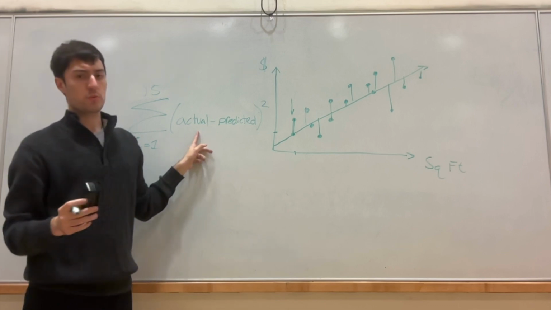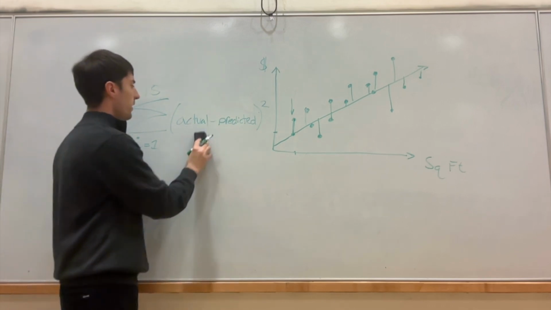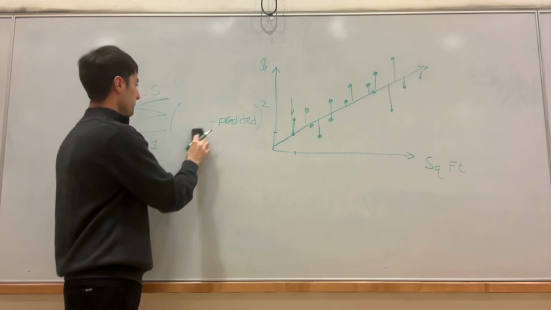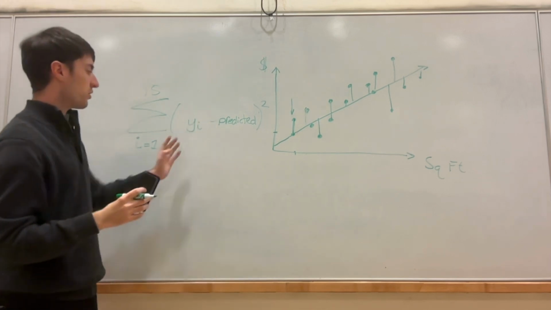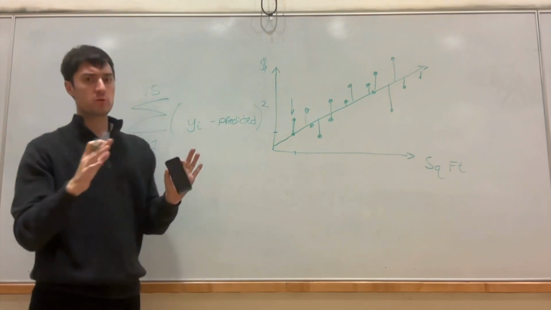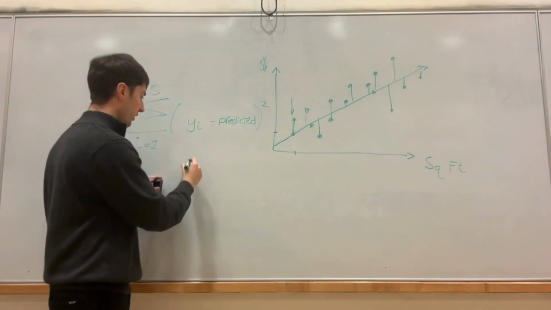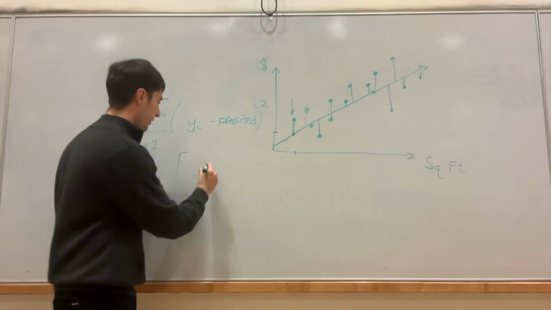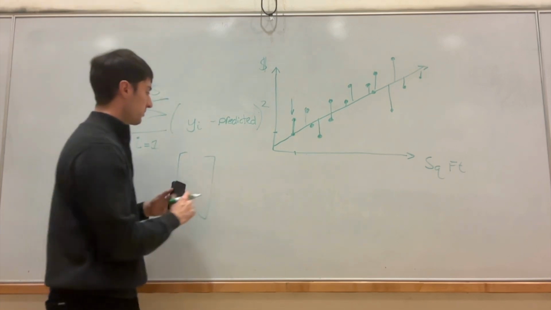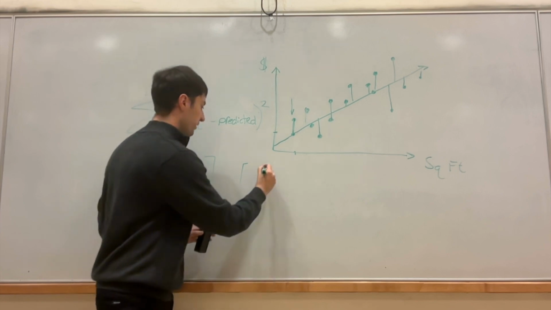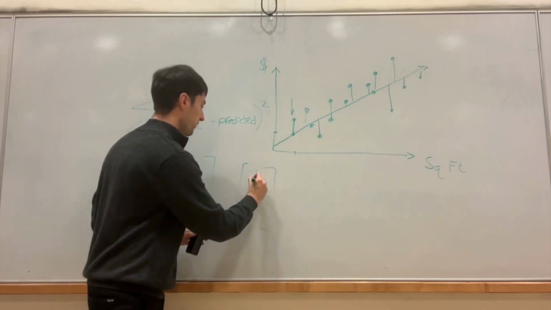Well, what is the actual? Actual is going to be y of i. So now what is y of i? In our training data, we are given a vector for the different inputs, and we are also given a vector for the outputs.